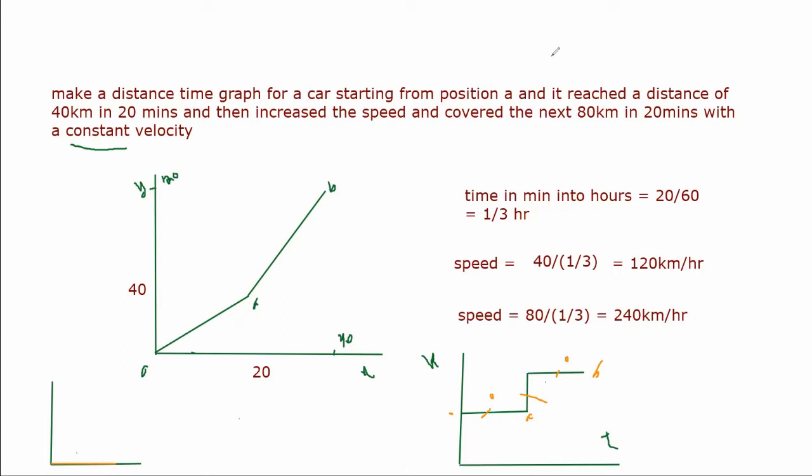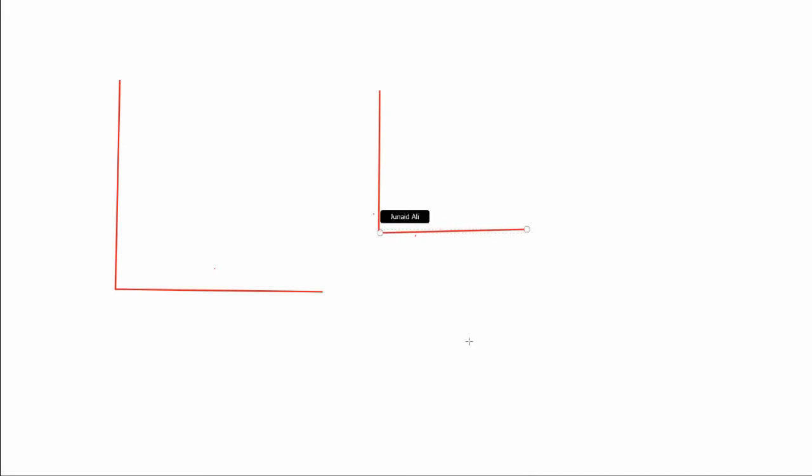I'm going to make another graph for displacement time. So this would be the graph for velocity time for the same data, and this would be the graph for acceleration time using the same data.